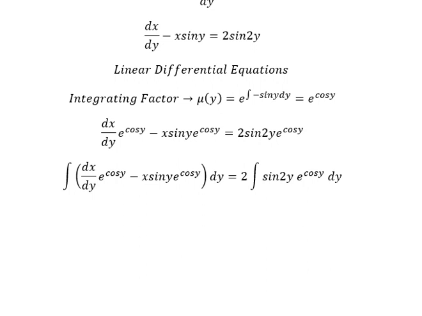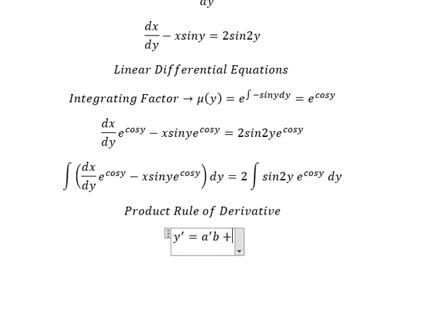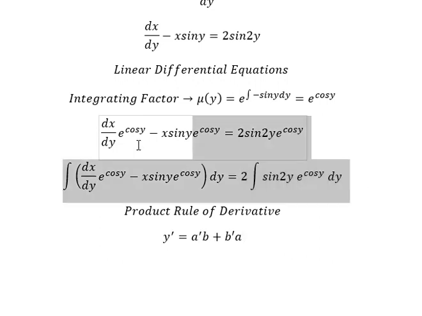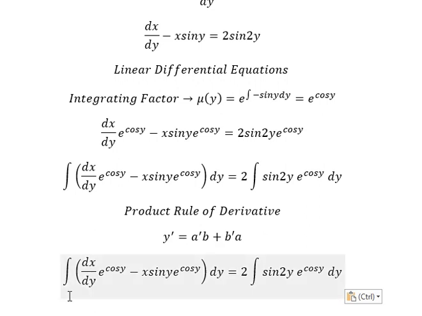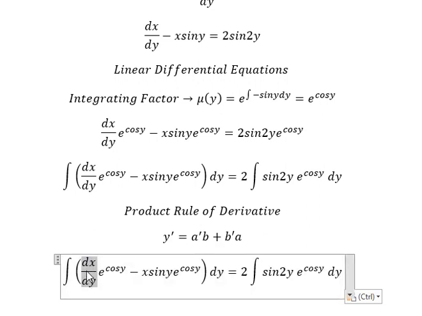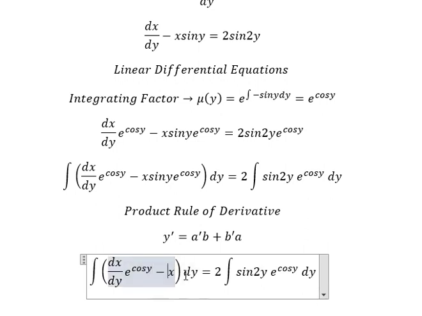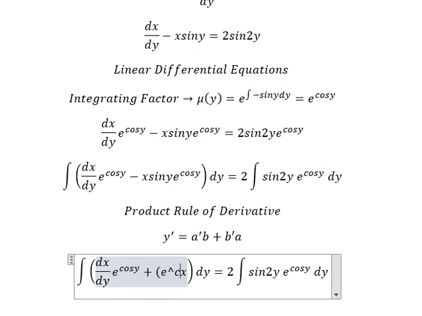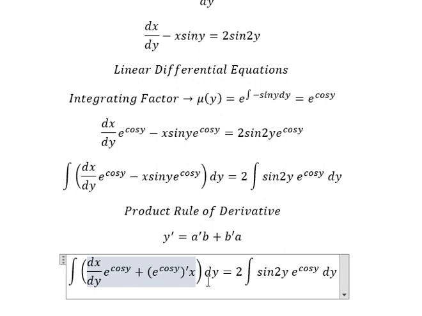Next, we can use the product rule of the derivative. So we have first derivative of y equals first derivative of a multiplied by b plus first derivative of b multiplied by a.